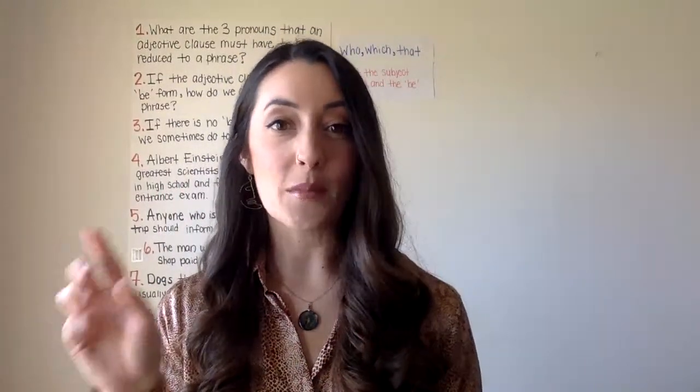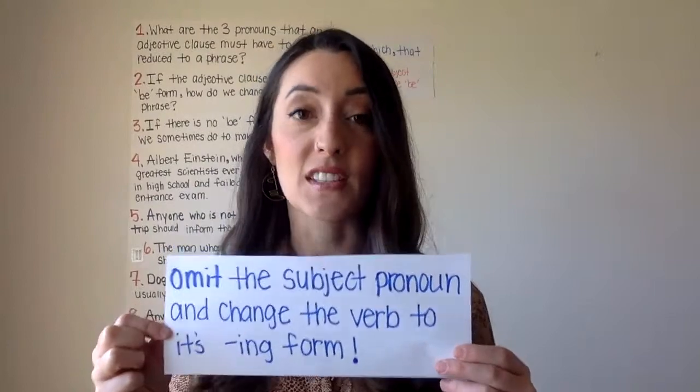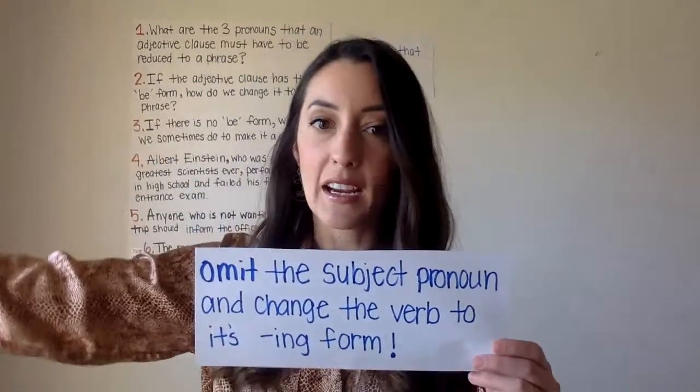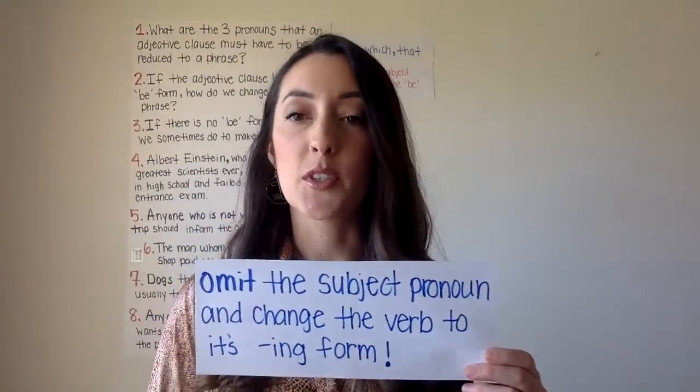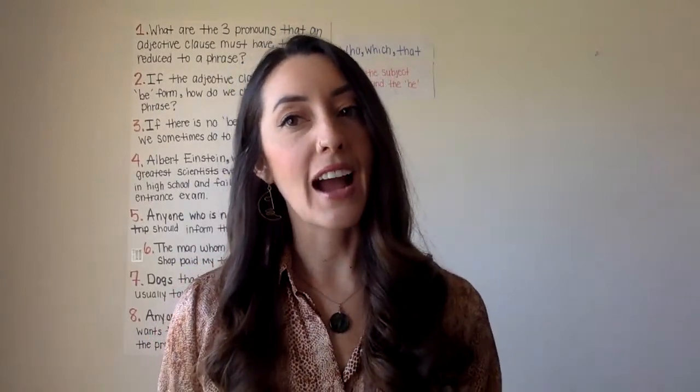So now we're answering number three of the quiz. Very good. Perfect. If there is no form of the verb be in the adjective clause, sometimes we can omit the subject pronoun, throw it away, and change the verb to its ing form. Very good. So some of you only have ing.